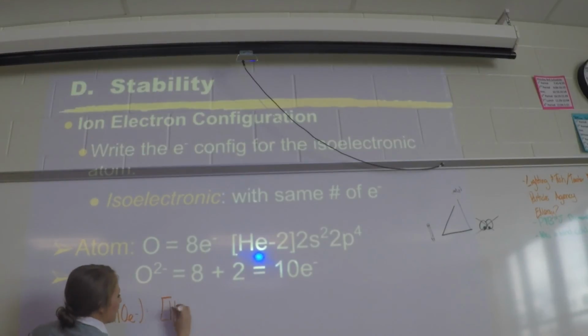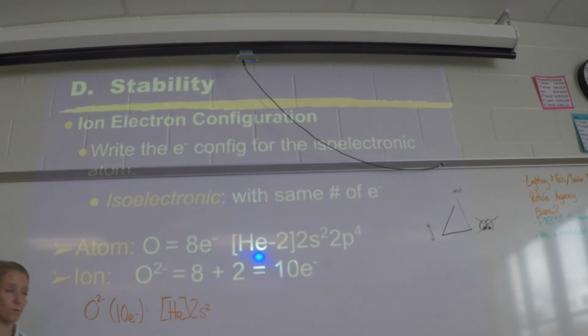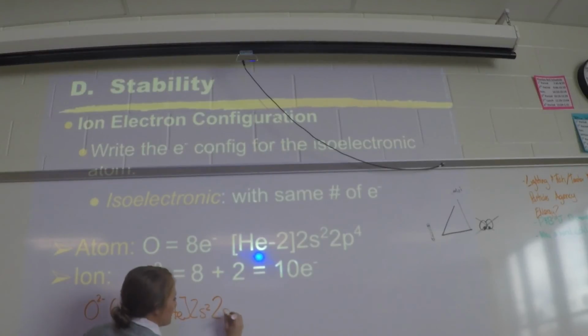So we're still going to have He, and then we go 2s2, because the 2 added electrons are always put in the highest orbital, or the one that's not full. And then we just get 2p6. Which element is it now mimicking?